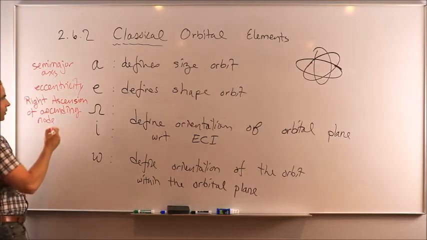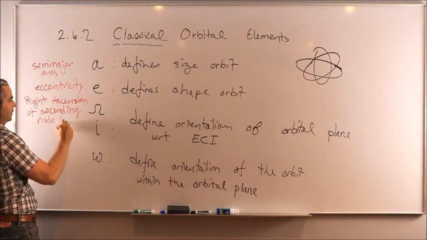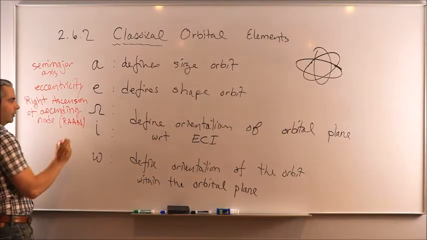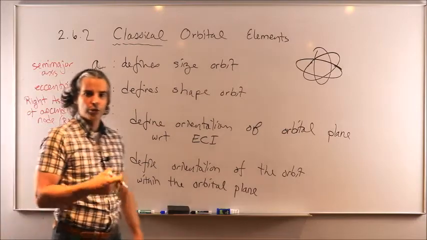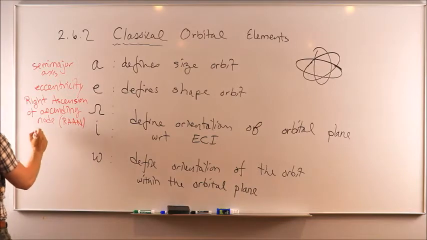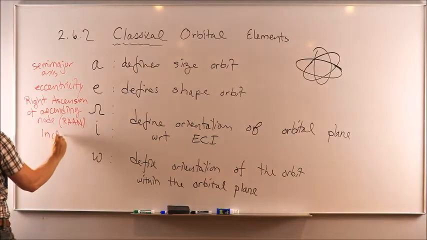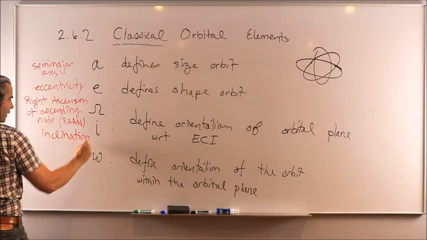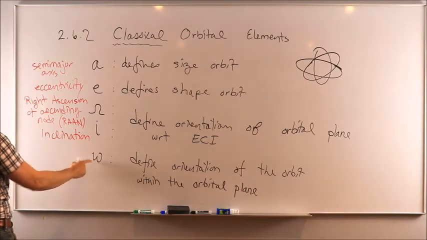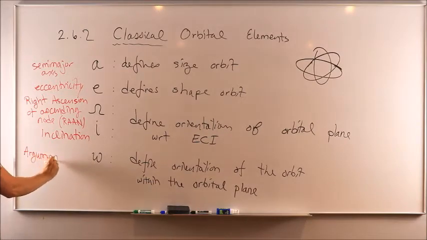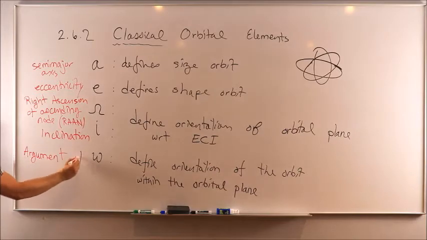So to make our life easier, we'll simply abbreviate it as RAAN, right ascension of ascending node, and call it RAAN. So the RAAN is the third orbital element. I is our inclination, with a T, inclination. Small omega is our argument of perigee.